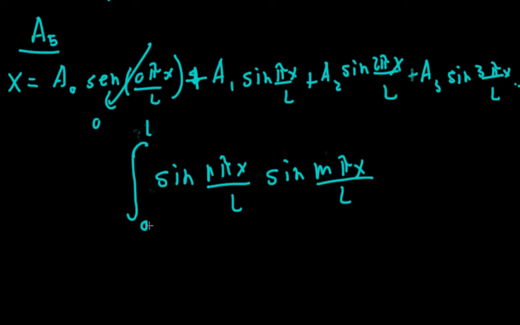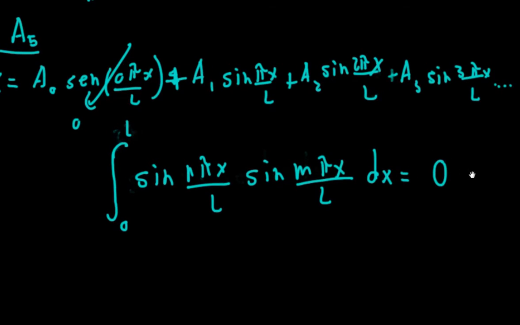I know what the limits of integration I need are to make this all equal to 0. If you have two trigonometric functions of this form, and they are integrated over the period, then this is always equal to 0 if and only if n is different from m.